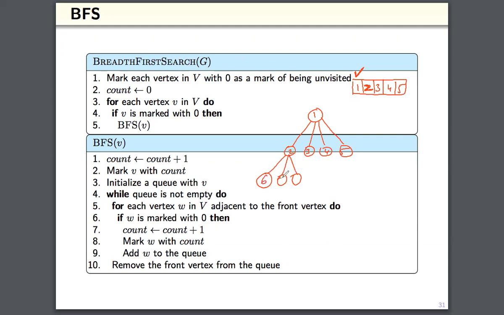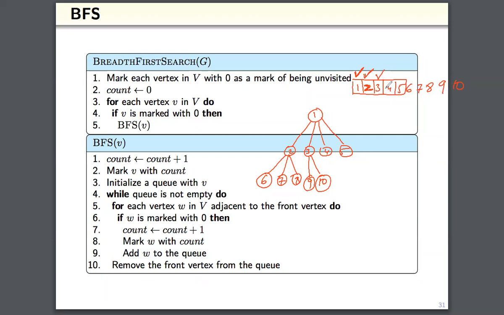Suppose it is 6, 7, 8. You add 6, 7, 8 into the queue. Okay, this is visited. Next, pop 3 from the queue, right? And suppose it has child nodes 9 and 10. So this is visited, add 9 and 10 into the queue.